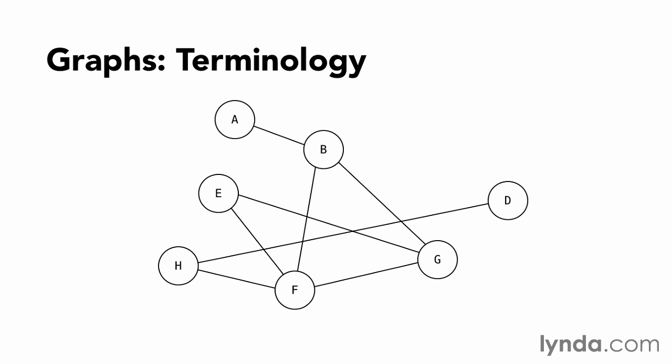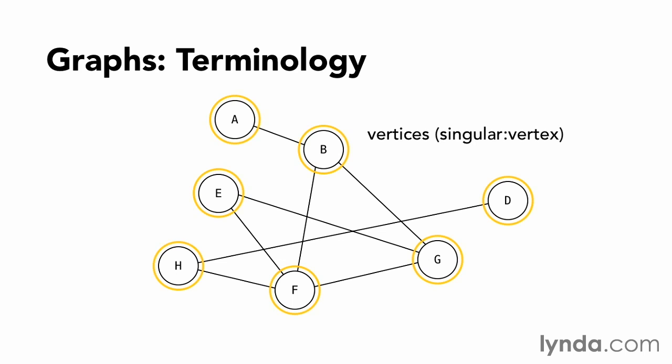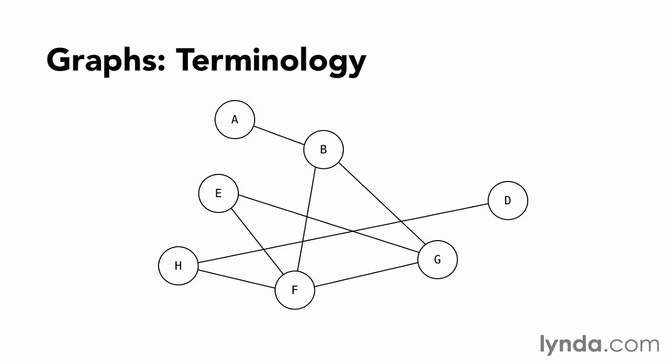Okay, some terminology here. Because graphs in computer science are so closely linked to graph theory in mathematics, it is common to hear mathematical terms used. With linked lists and trees, we talked generically about collections of nodes. Well, in graph theory, we call these nodes vertices, and the connections or the links between them are referred to as edges. So a graph can be described as a set of vertices and a set of edges.